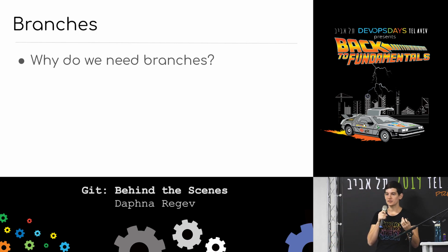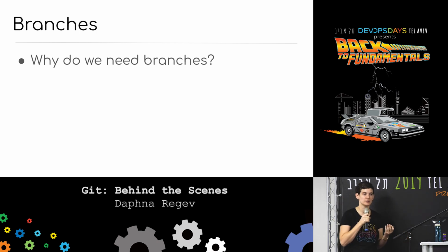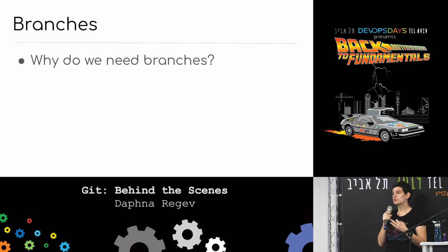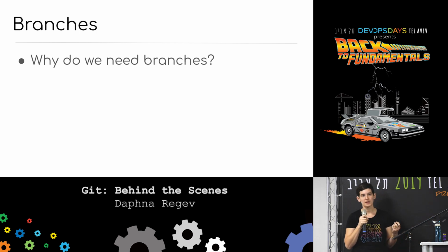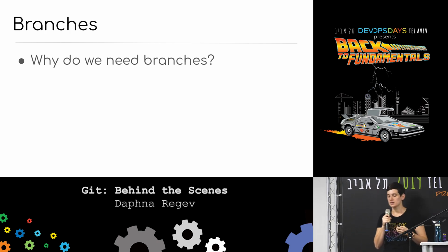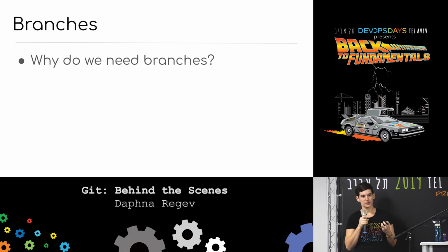But obviously then we want to develop new features and we want to try something new. Maybe it'll work out, maybe it won't. We want to try this, and many different people may also be working on many features at the same time. And at the end, we'll want to bring them back into our main branch. So being able to quickly create, modify, and delete branches is very important to our work.